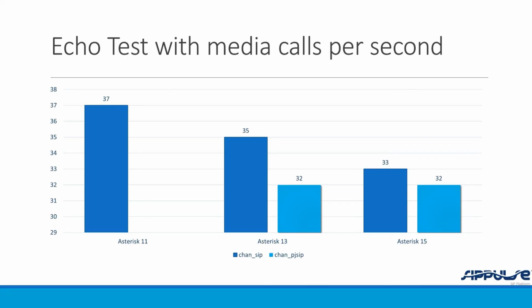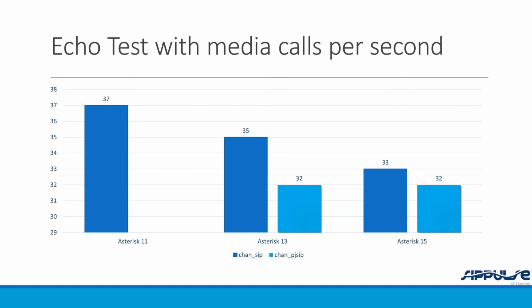And we have different results here. When you look at the picture, you see, hey, Asterisk 11 is much better than pjsip, but actually the graph is kind of misleading. It's 37 for Asterisk 11 and 35 for SIPP, right?